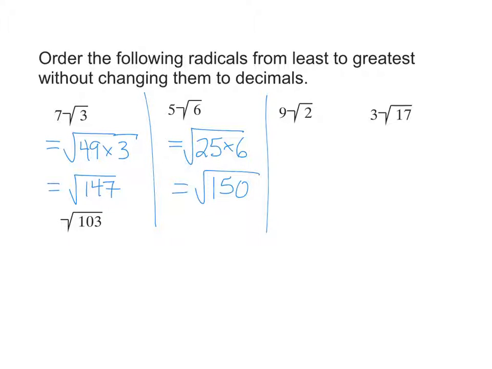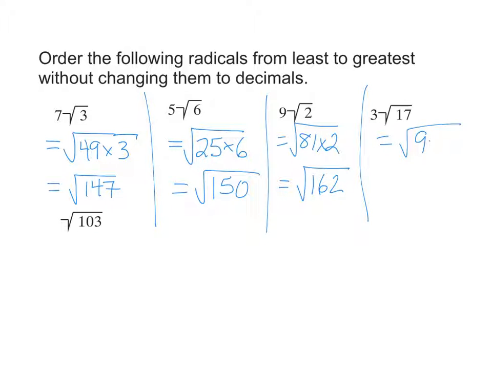So 9 root 2, 81 times 2, which is 162. And with the last one, we get the square root of 9 times 17, and 9 times 17 is 153. So once we've changed them all, now we can order them.